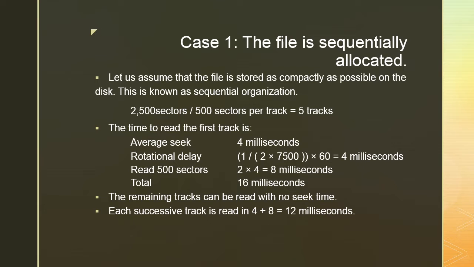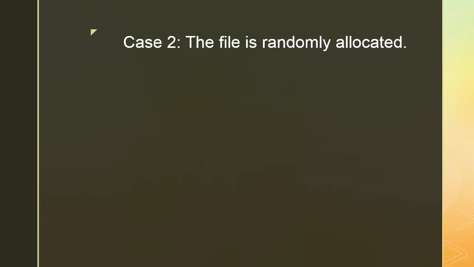We are adding the average rotational delay and the reading time of 500 sectors. To read the entire file, the total time is the time of the first track, which is 16, plus 4 times the time of any other track, which is 12, and the total time is 64 milliseconds.